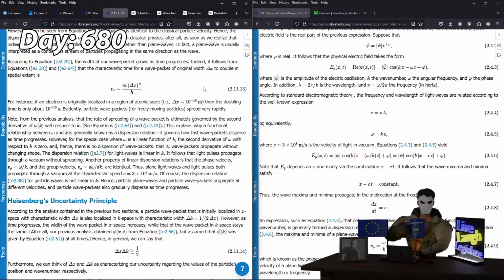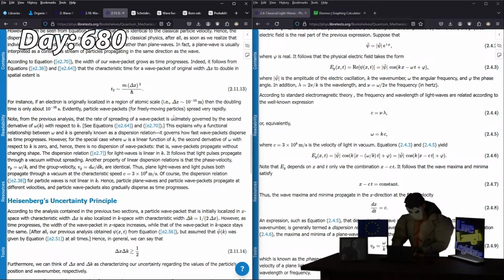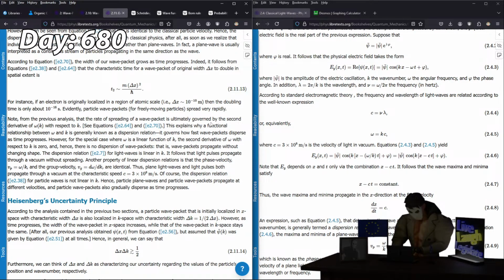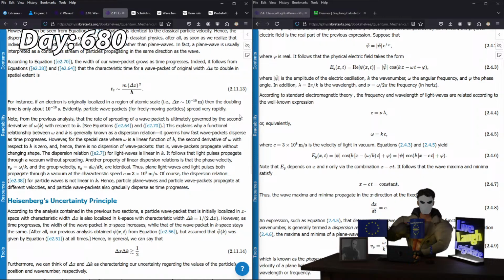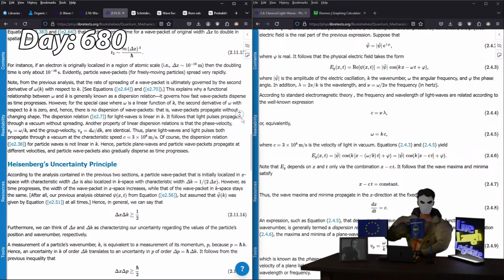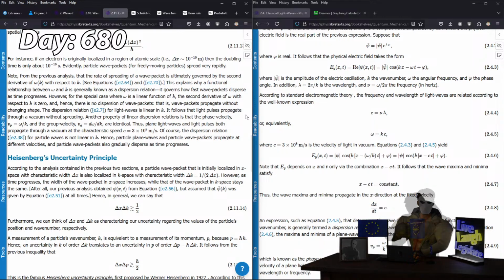Indeed, it follows from the equation that the characteristic time for a wave packet of original width delta x to double in spatial extent is this. If an electron is originally localized in a region of atomic scale, then the doubling time is only about... Oh, that's small. So wait, is it just the electromagnetic charge keeping it in place? Is that it?